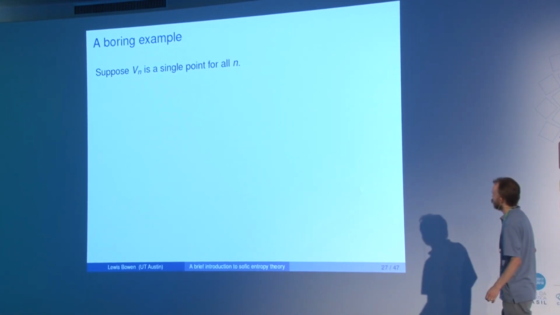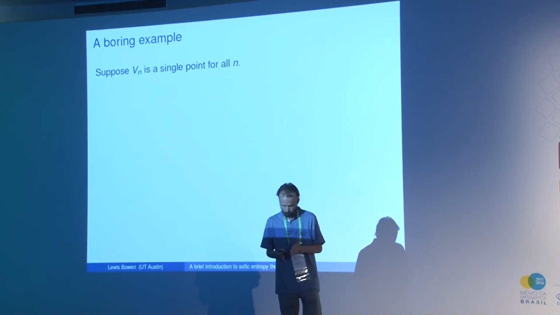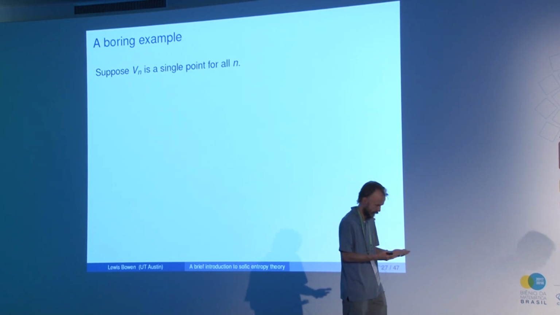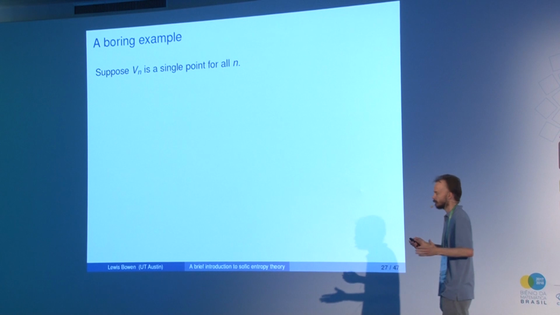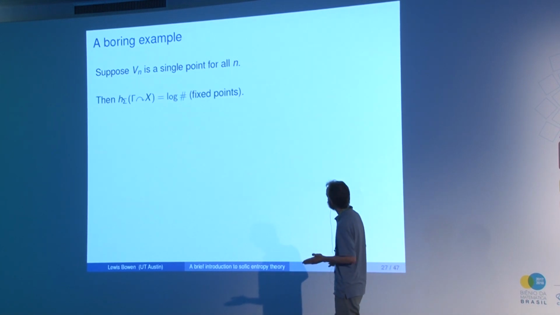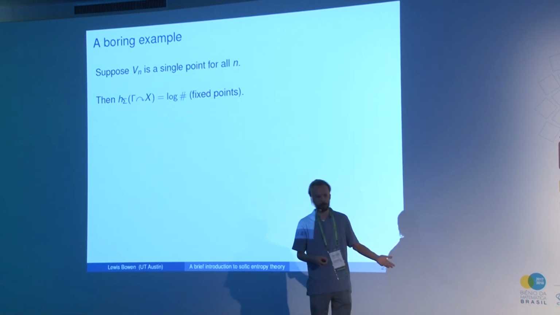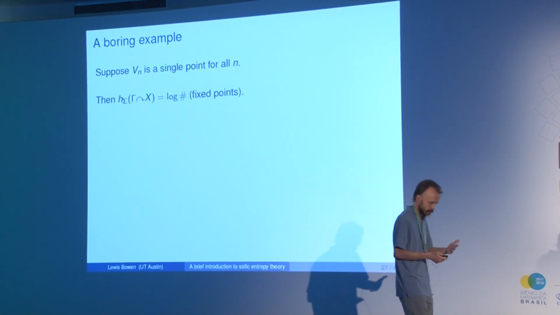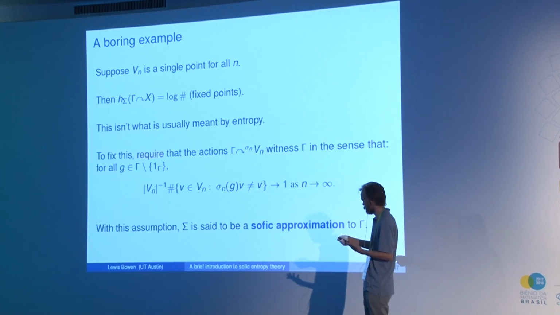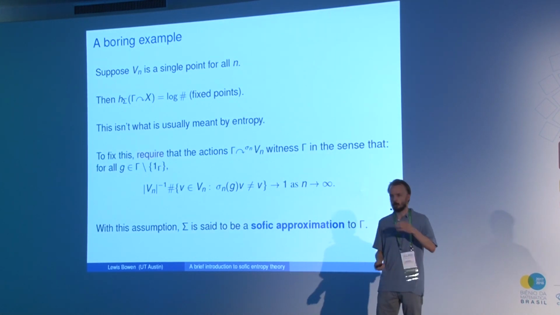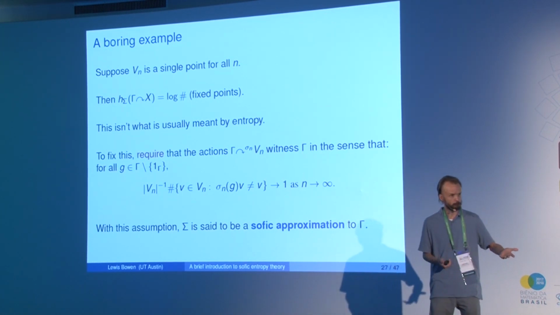The boring example is when these finite sets that we are using to model our action are just trivial, just 1 point. That's a really bad choice. In this case, this entropy is just the logarithm of the number of fixed points. And that's not what we mean by entropy, so we're going to require that our actions witness the whole group, so we can reconstruct our group from the actions.